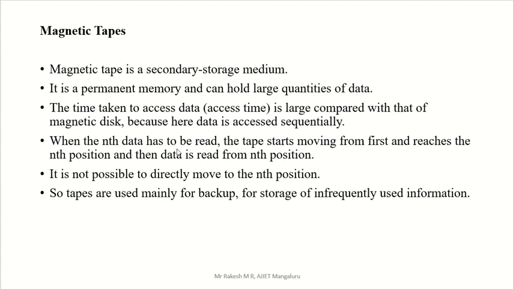Once it reaches the nth data, we find the required data. So one by one checking is required. It is not possible to directly move to the nth position. It is very difficult. Sequentially means one by one. We can't directly go to nth.